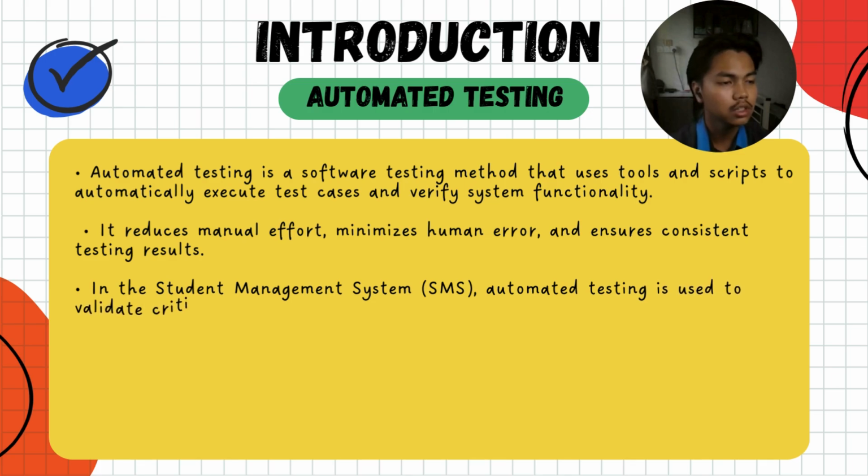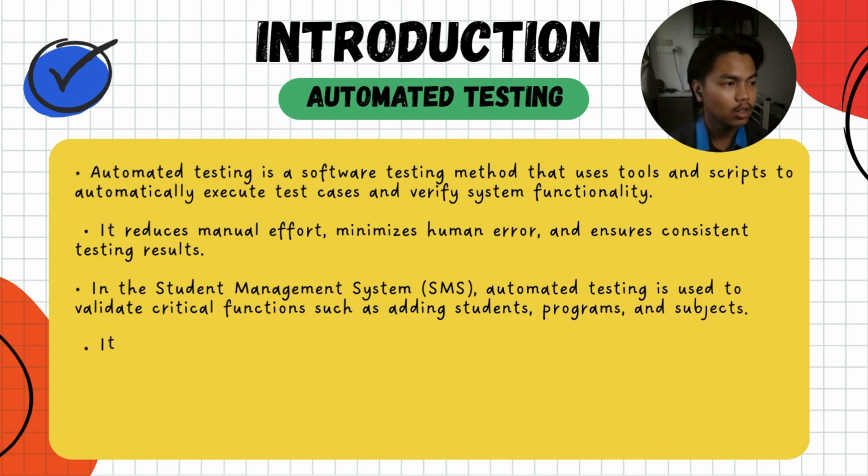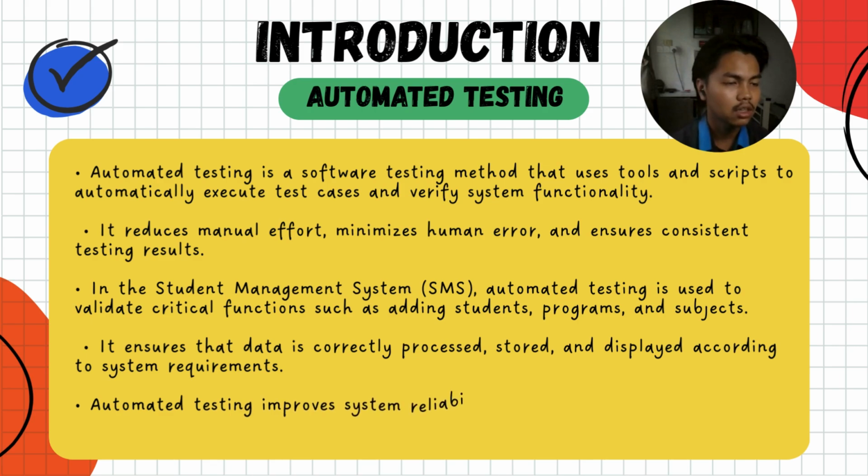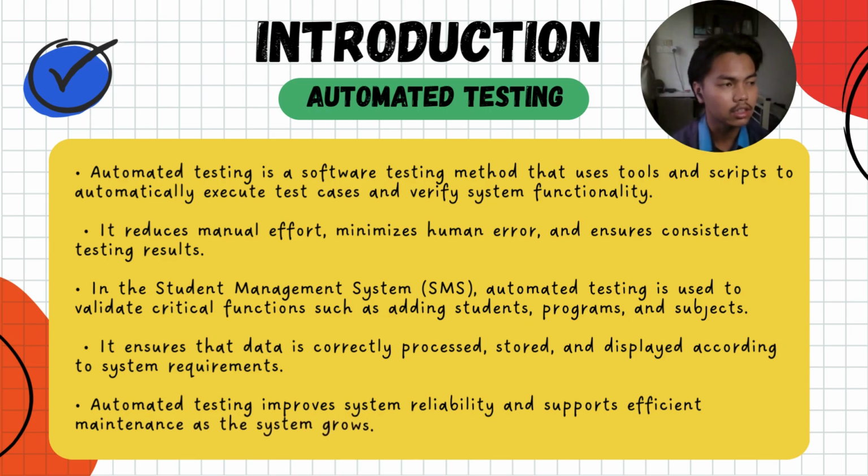In the student management system, which is SMS, automated testing is used to validate critical functions such as adding students, programs, and subjects. It ensures that data is correctly processed, stored, and displayed according to the system requirements. And lastly, automated testing improves system reliability and supports efficient maintenance as the system grows.